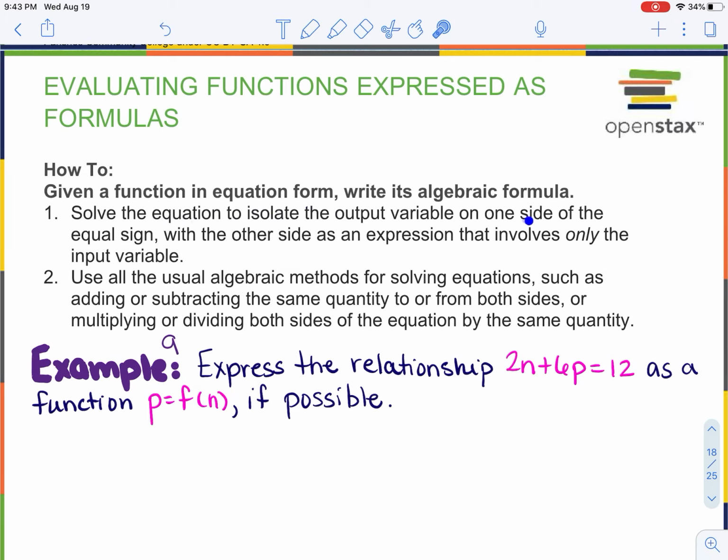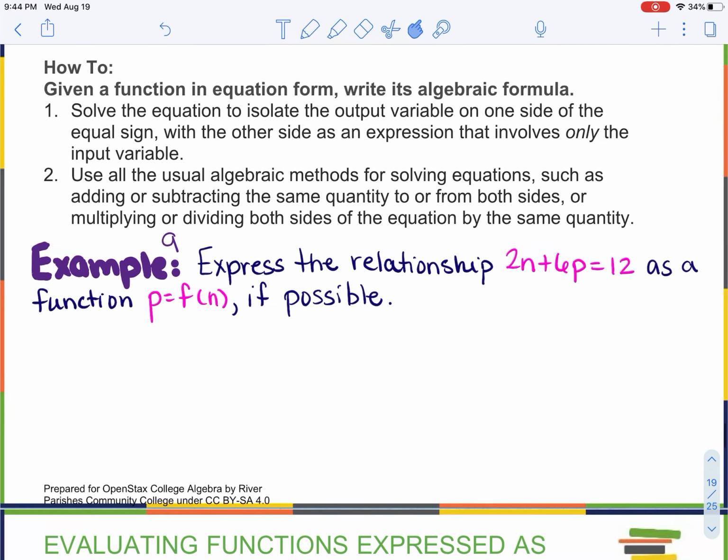And then solve the equation to isolate the output variable on one side of the equal sign and the other side as an expression that involves only the input variable. Use all the usual algebraic methods for solving the equation, such as adding or subtracting the same quantity to and from both sides, or multiplying or dividing both sides of the equation by the same quantity. So, things that we just did.